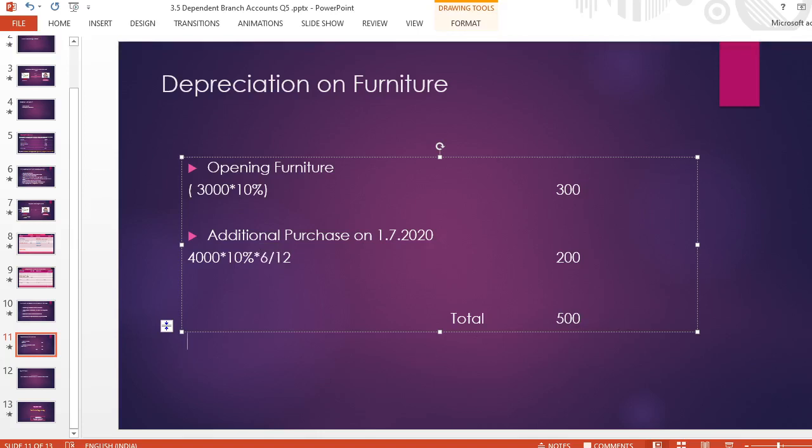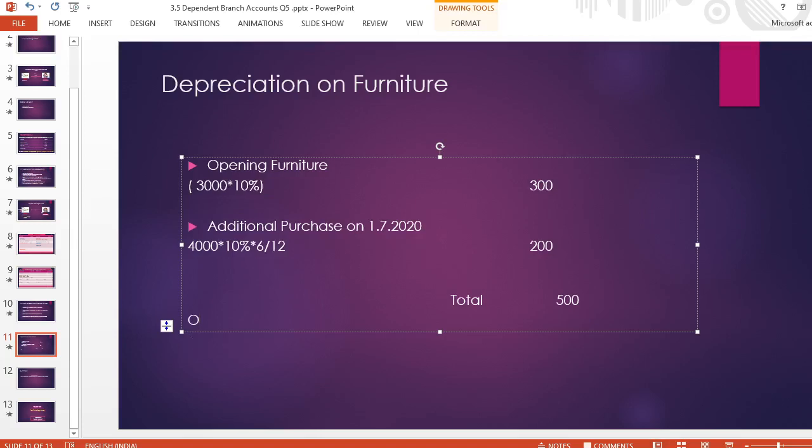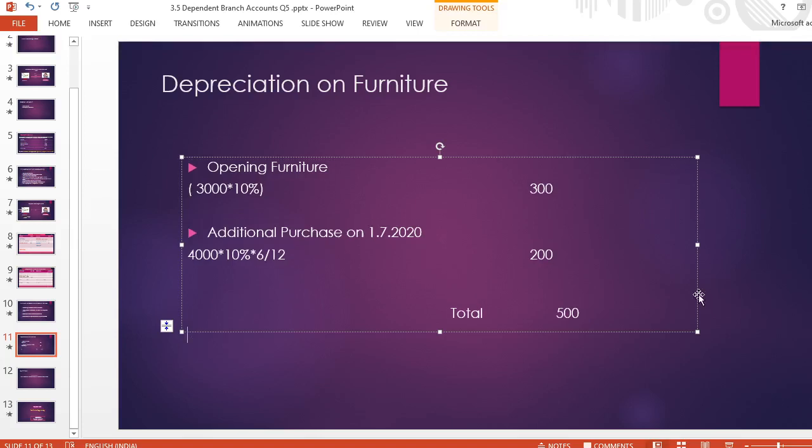Here the opening balance of furniture is 3,000. Again additional purchase of furniture 4,000. So total worth of the furniture is 4,000 plus 3,000, so it's 7,000. So furniture worth 7,000 and depreciation 500.